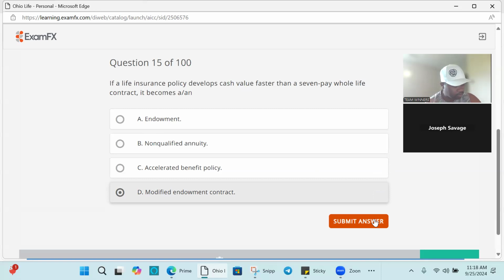If you fail the 7-pay test, it becomes a modified endowment contract forever. It can never go back. So if your life insurance policy fails the 7-pay test, it means you've paid in more money during the first 7 years of the contract than you were supposed to.